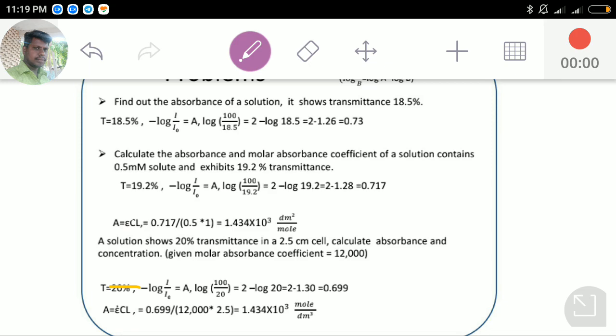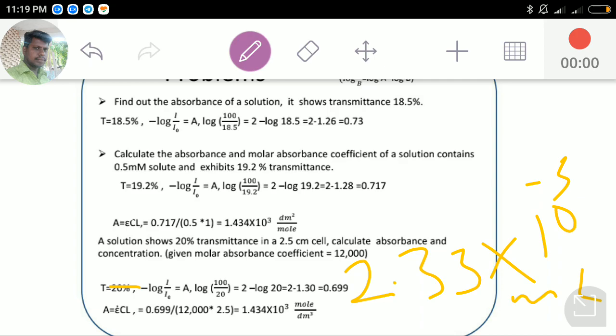So we have to divide by that value, and further we divide by 2.5. After doing simple mathematics, we will find 2.33 into 10 to the power minus 3 moles per liter.